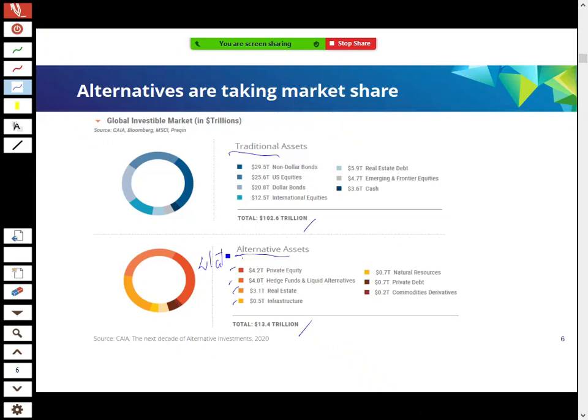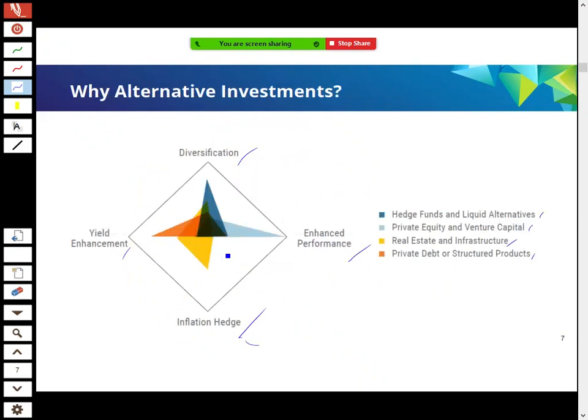And then moving on to level 2, we are going to make use of these alternative investments to see how we go about getting diversification, performance, inflation hedge, and yield enhancements. So from what to how, from level 1 to level 2.